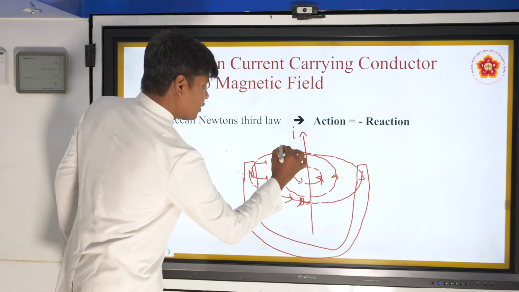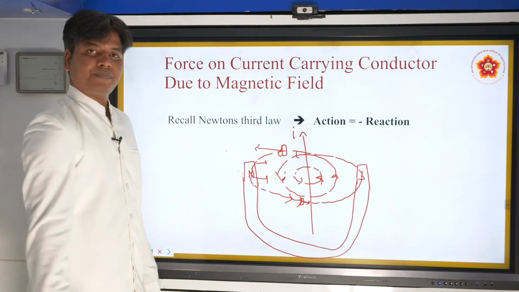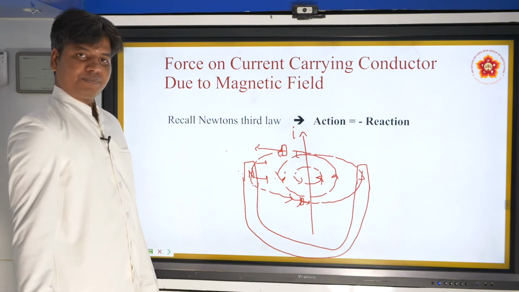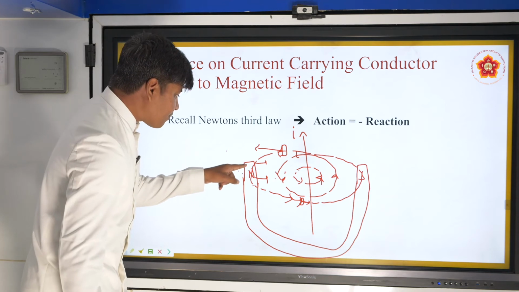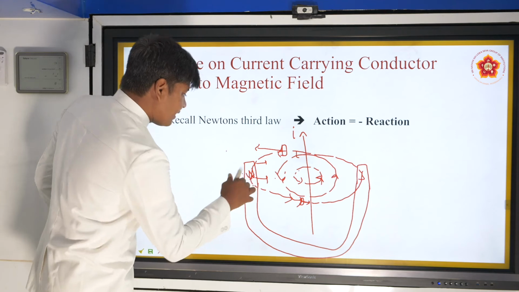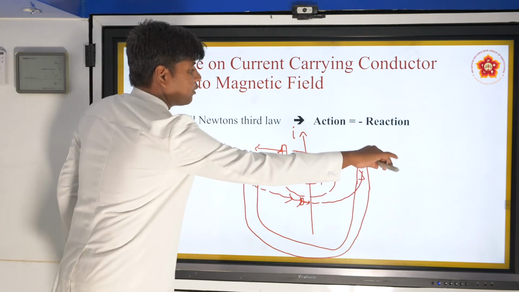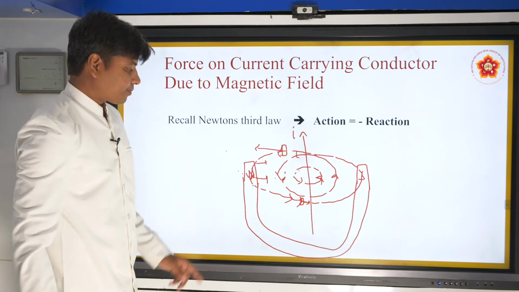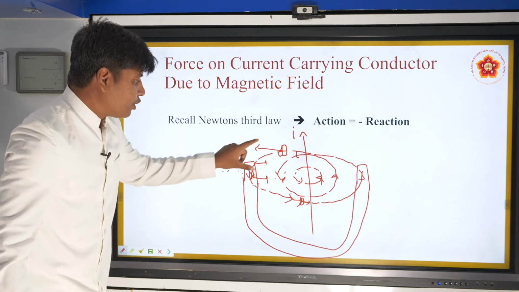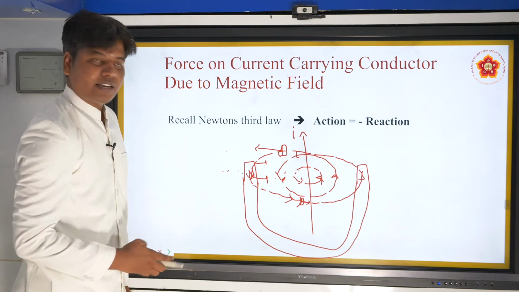If you place a north pole here, it will experience a force in this direction. So you have a north pole here. What is the direction of the magnetic field line of this conductor? It is coming out, right? It comes out, goes in, goes to the back end of the board and comes out. So this north pole will experience a force due to this current carrying conductor right at you, right? Outside.